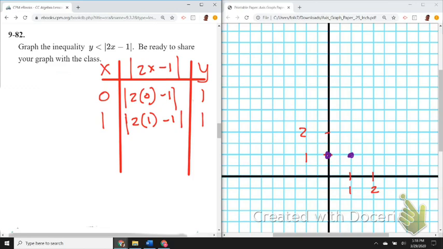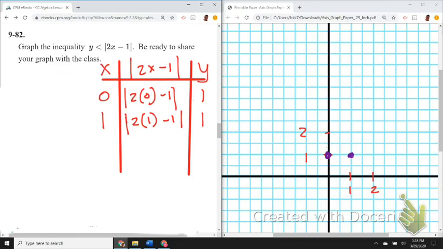So again, I said it was going to be a V shape, and so far I have 2 points that have the same y value. So I know it's going to point upwards, because that's what absolute value graphs are going to be. So my next point I want to choose for my x value is going to be a half.